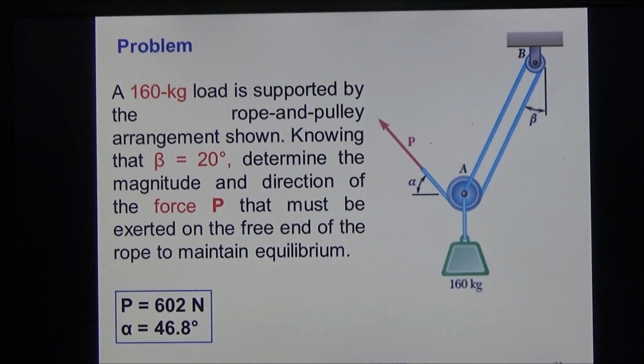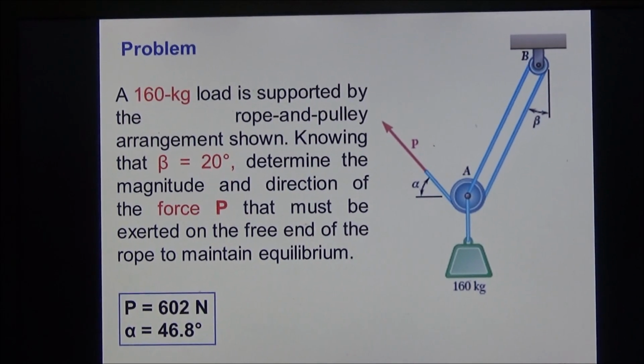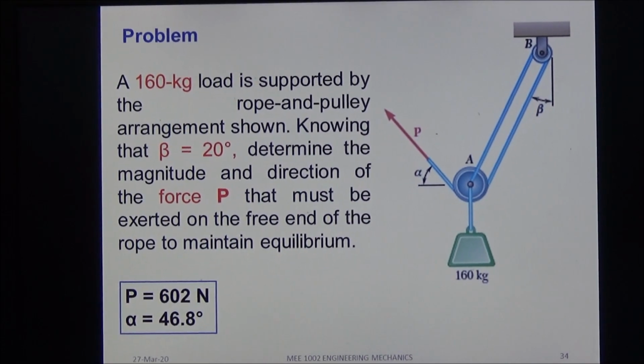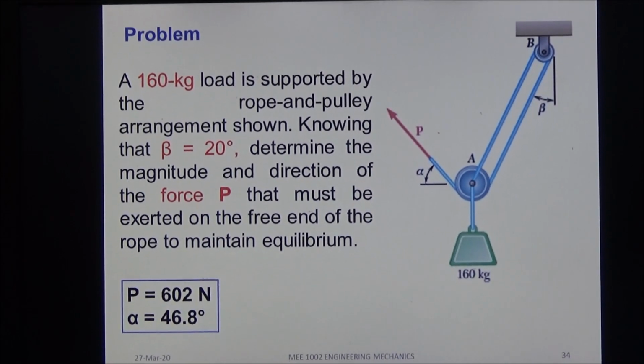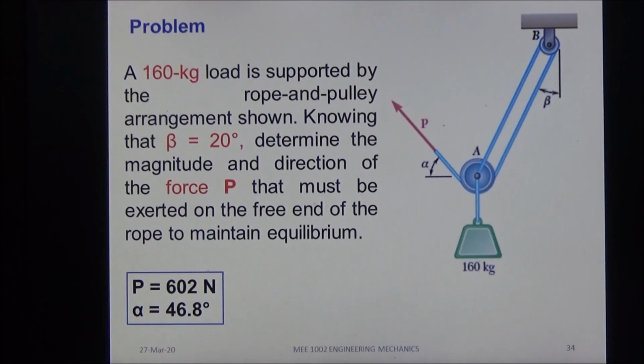So a single string is being used, which is passing through 2 pulleys, and P and alpha have to be found out. Let us solve this problem now.